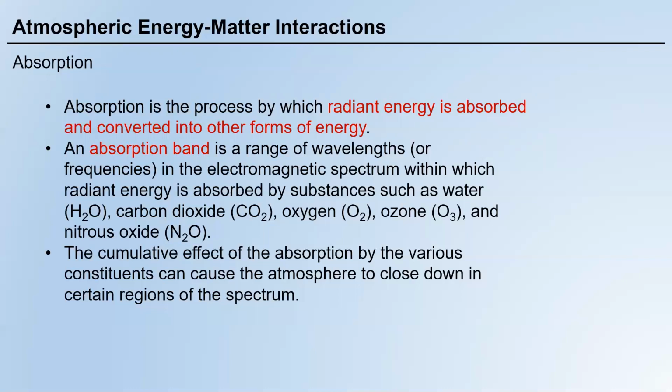Right? If all energy has been absorbed by the atmosphere, there is no energy arriving at the surface of the Earth. Fortunately, that is not the case, because the atmosphere of the Earth only absorbs part of the EMR from the sun.